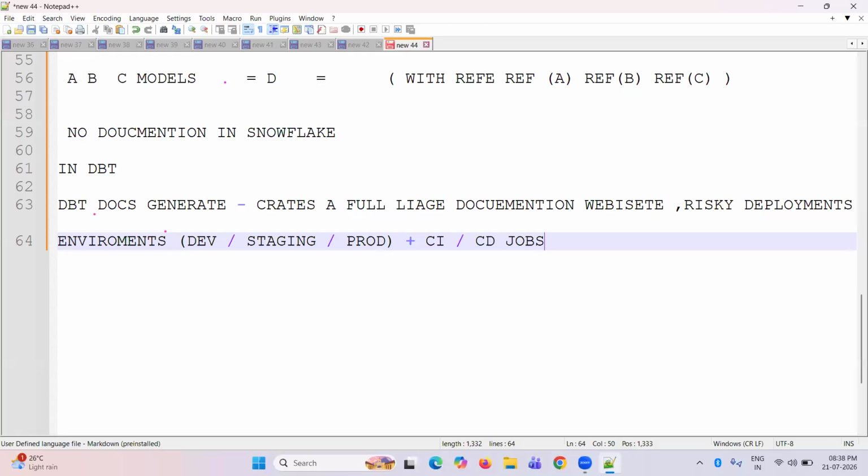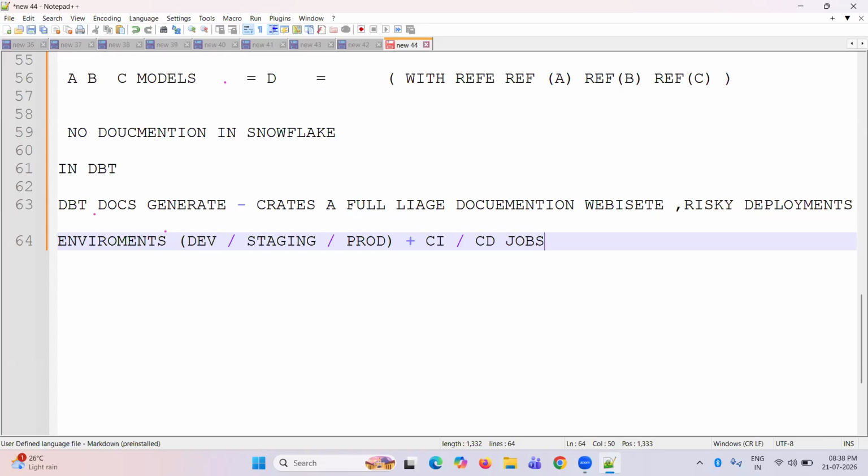In DBT we have macros, like the a plus b whole square formula, a square plus 2ab plus b square. When we are working with math, we use formulas in between. Instead of writing the entire code manually, we use a plus b whole square. Like that, we create it in the macros folder, and wherever we need it, we use it.